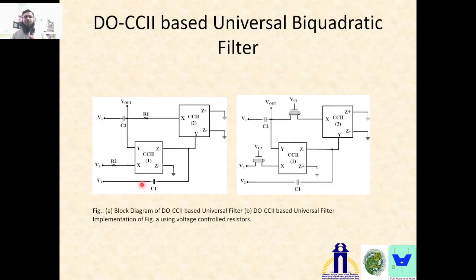These are the block diagrams of the universal biquadratic filter using DOCC2, in which we have replaced this physical resistor using a voltage control transistor.